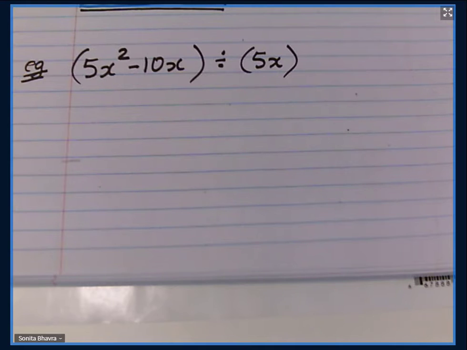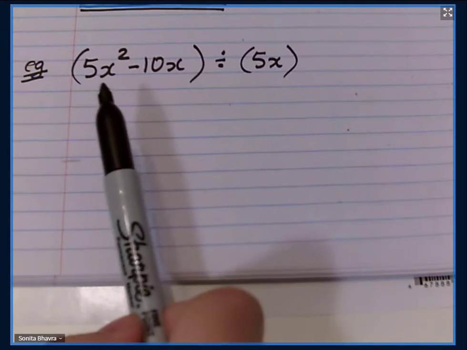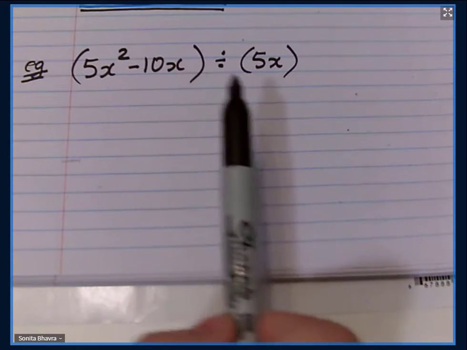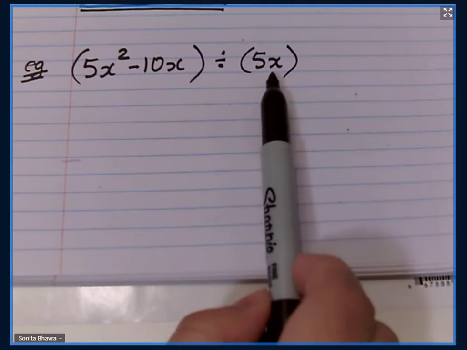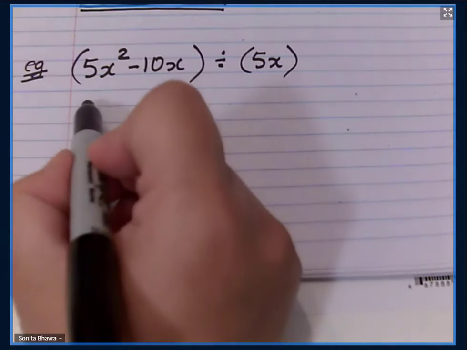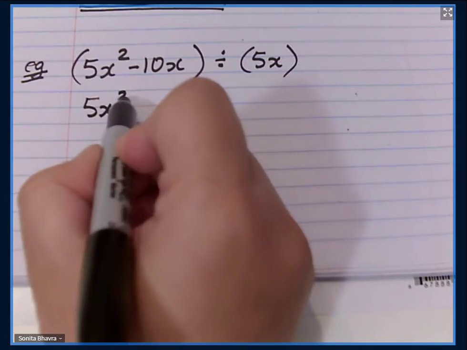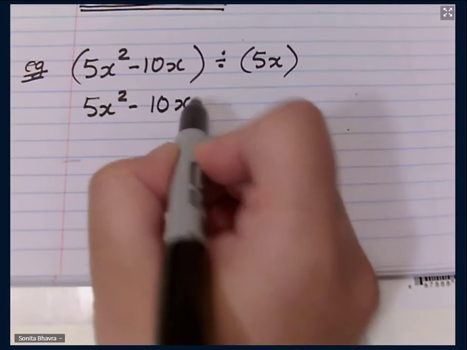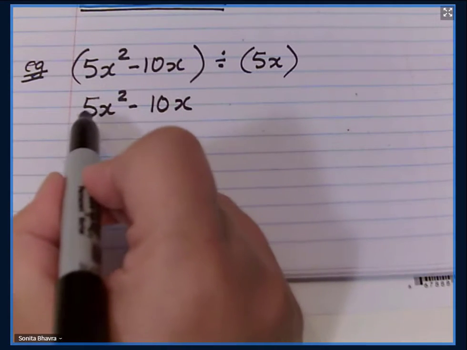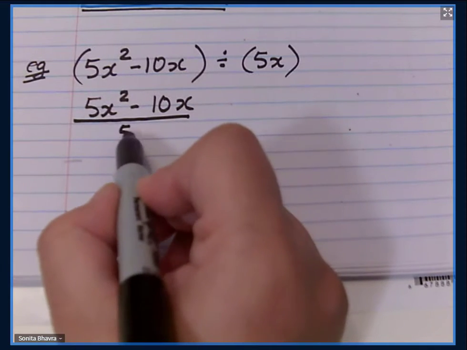Okay, so our next example, we are looking at 5x squared minus 10x, and it's being divided by 5x. So this time we have a variable. Again, let's set this up vertically. So 5x squared minus 10x, and it's being divided by 5x.